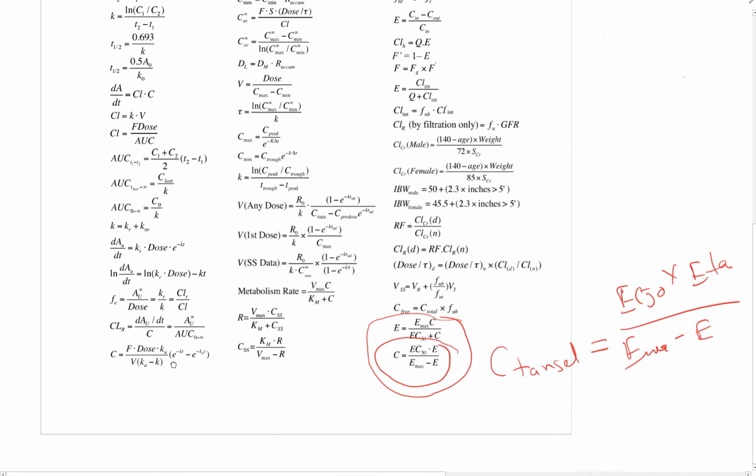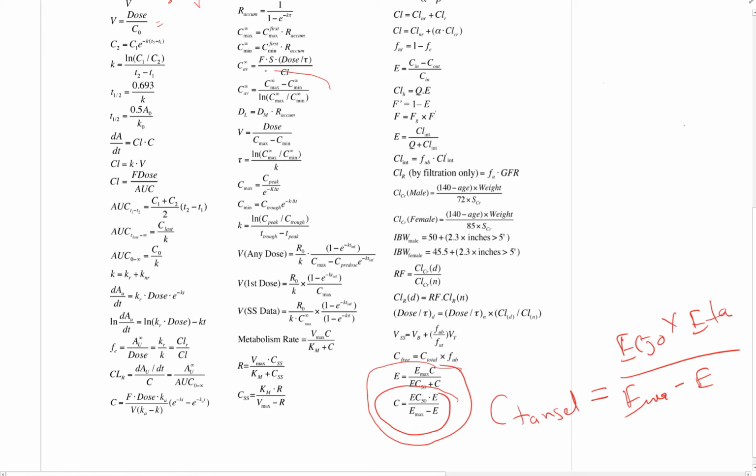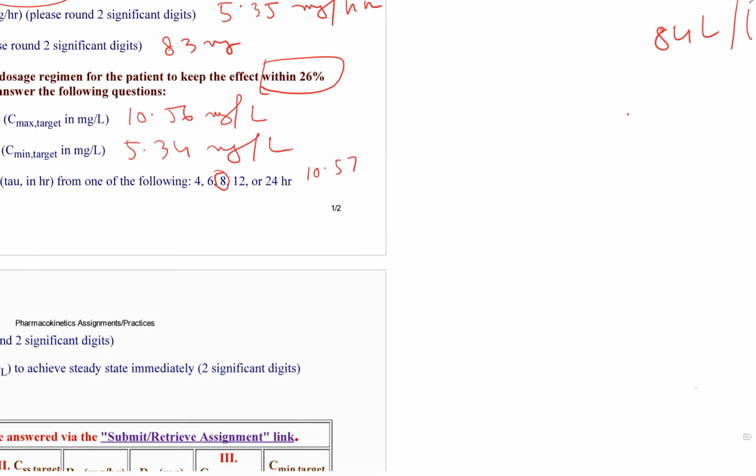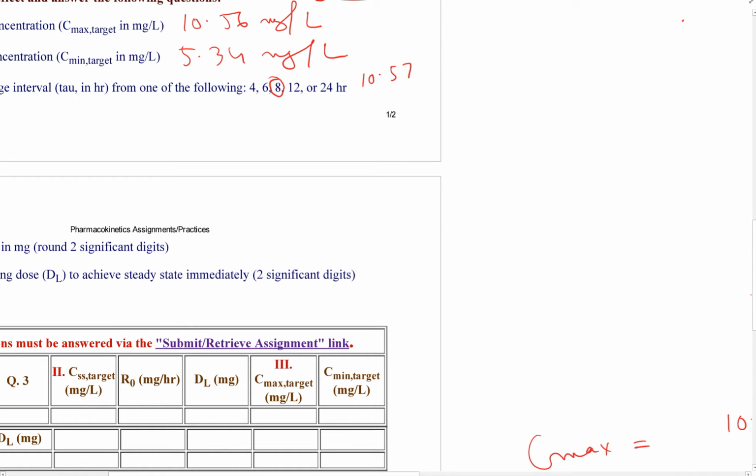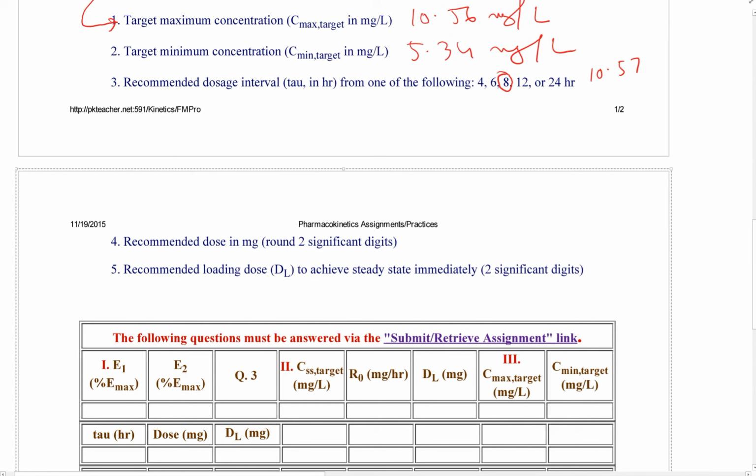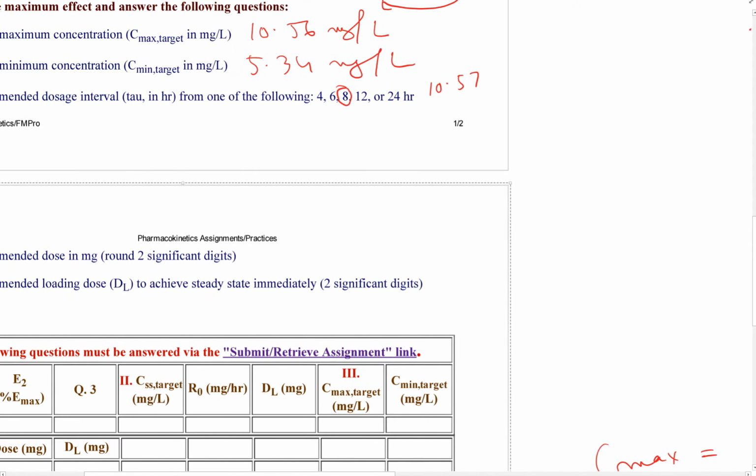Our C average equation is this one. So first you have to calculate the recommended dose, and loading dose, we need C average from Cmax.